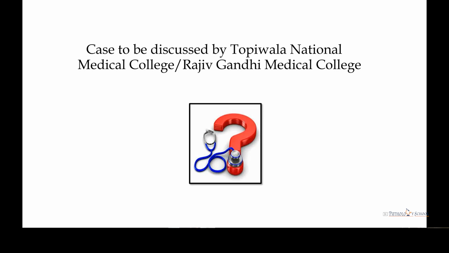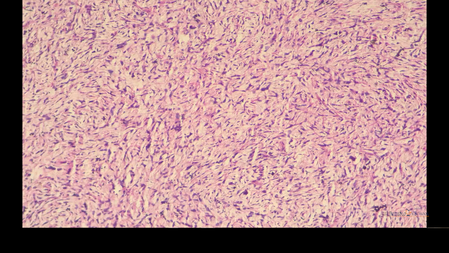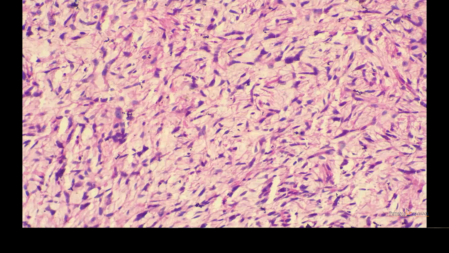In this section, we can see a tumor mass in which the cells are spindle shaped, arranged in interlacing fascicles and at some places in a storiform pattern. We can also see a myxoid background. Next slide. This is a high power view of the same.